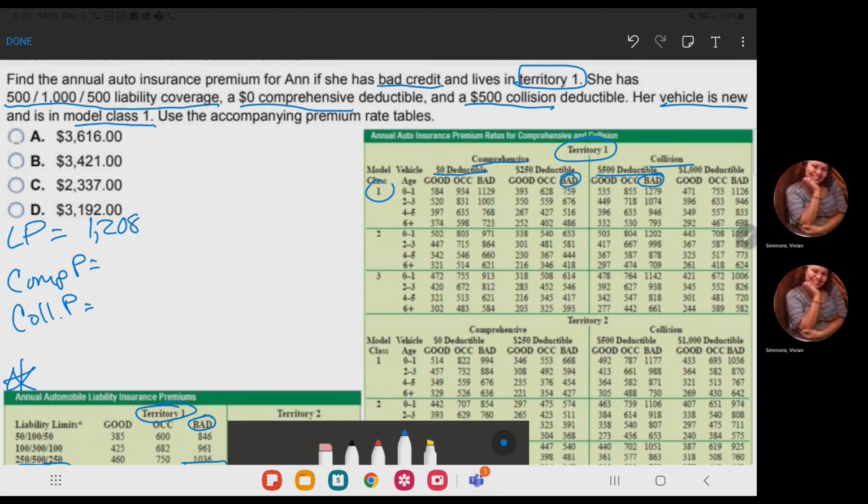And the age of the vehicle is new. So that's 0 to 1. So now I move down to find it. 759 for comprehensive. And then I move over to collision. 1279. Add them.